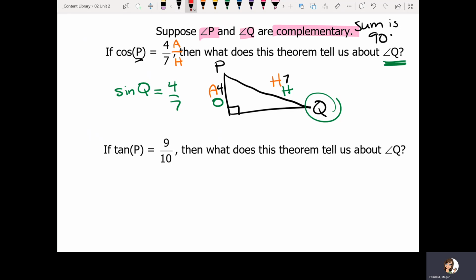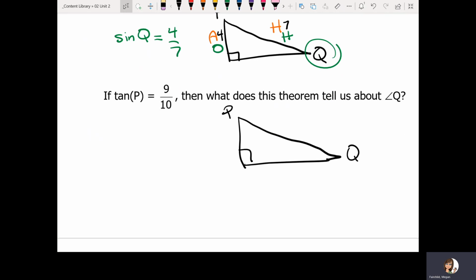Also, if tangent of P is 9 over 10, I cannot draw a straight line. P, Q. So tangent of P would be opposite over adjacent. So opposite over adjacent is 9 over 10. Then what do I know about Q?